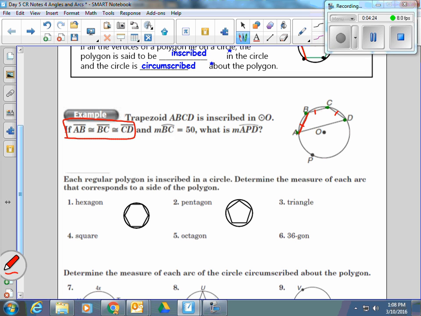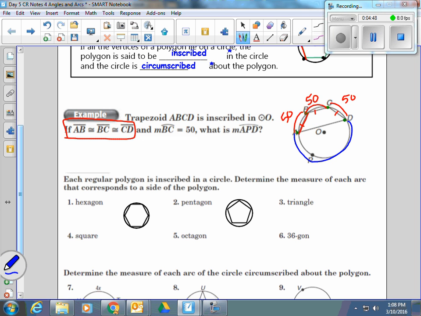And then it tells me that arc BC is 50. So how big is arc CD? 50. And how big is arc AB? 50. So now the question that they ask is, how big is arc APD?